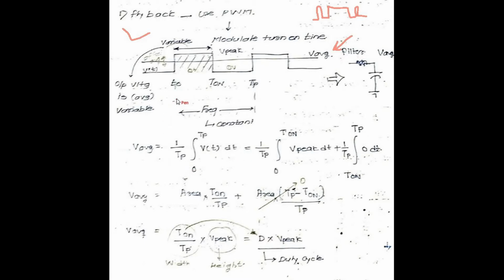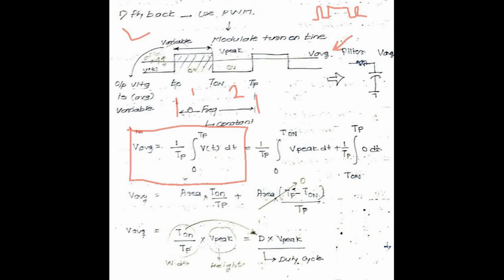The total waveform is divided into two sections, from T0 to T on. This is the first section, the turn on section, and this is the second section, the turn off section. The total time span for this waveform is TP minus T0, where T0 is 0, because at t equal to 0 the waveform starts. We are going to find the integral of this waveform.